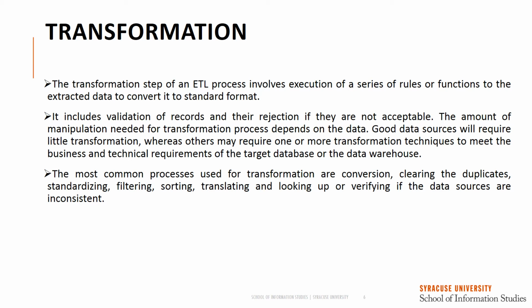Good data sources will require little transformation, whereas others may require one or more transformation techniques to meet the business and technical requirements of the target database or the data warehouse. The most common processes used for transformation are conversion, clearing duplicates, standardizing, filtering, sorting, translating, and looking up or verifying if the data sources are inconsistent.